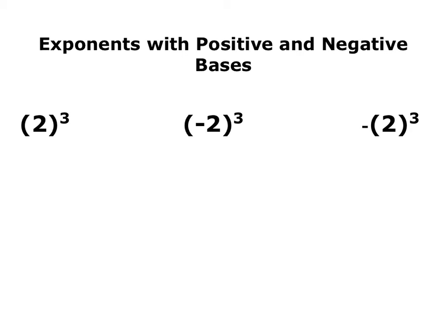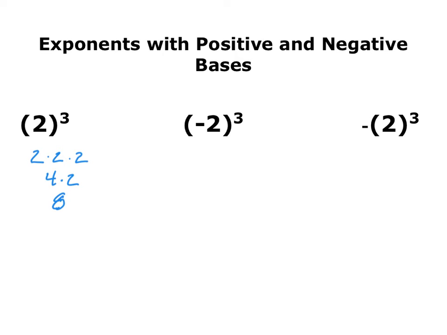So in the first one, I have 2 to the power of 3, which we did on the previous page. My base is a positive 2, so it'd be 2 times 2 times 2. And then 2 times 2 would be 4, and 4 times 2 would be 8. So my product is 8.